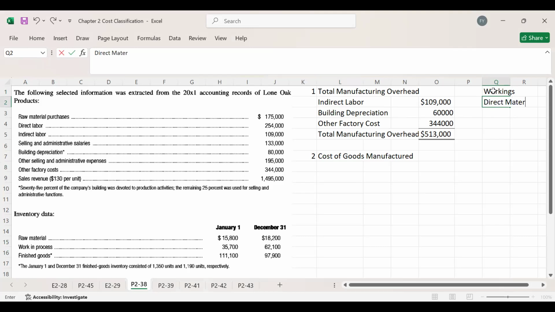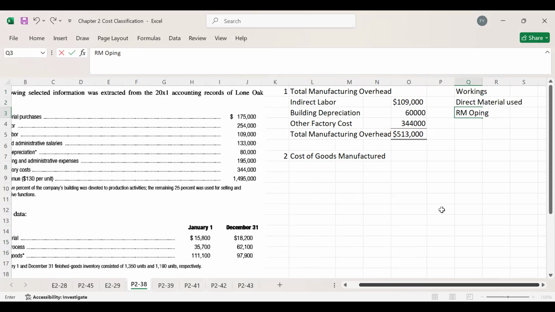direct material used. We have raw material opening inventory, then we add purchases in it in order to get raw material available for use.